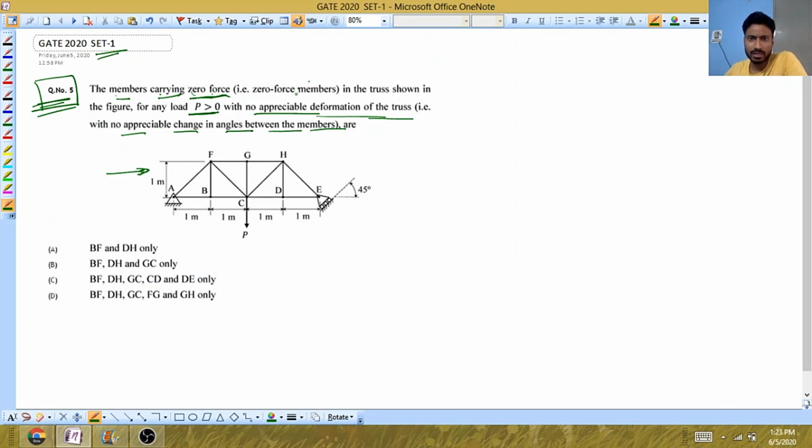There are two things that you should remember while solving problems of truss, or while observing whether a member is a zero force member or not.